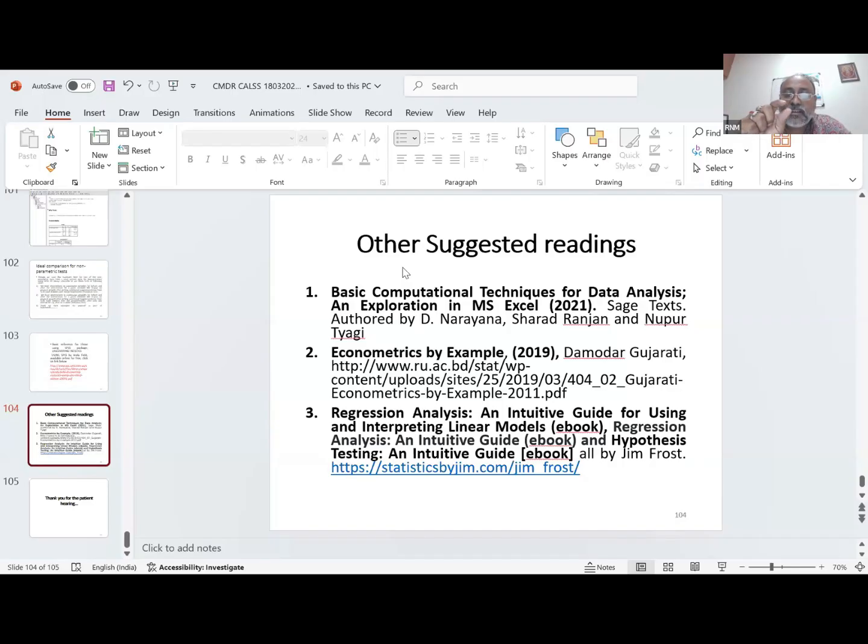This is not a very high-cost book; it is an affordable price. It's very recent, 2021. I think a second edition also has come. If you follow it for non-parametric tests, you don't even need SPSS. You can do it in Excel. Because of time constraints, I did not do it myself in Excel, because some Excel versions are not currently supported by our system available here.